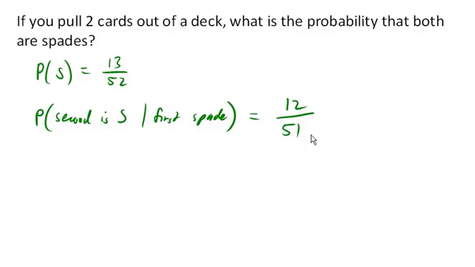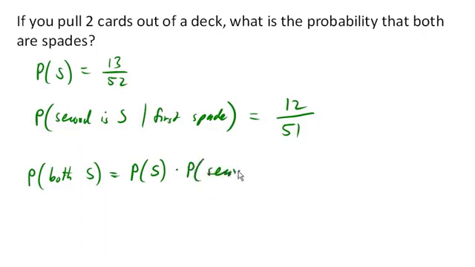So if I want to find the probability that both are spades, I'm going to use the conditional probability version of the multiplication rule, which says that the probability is the probability of the first event happening times the probability of the second event happening given that the first happened.